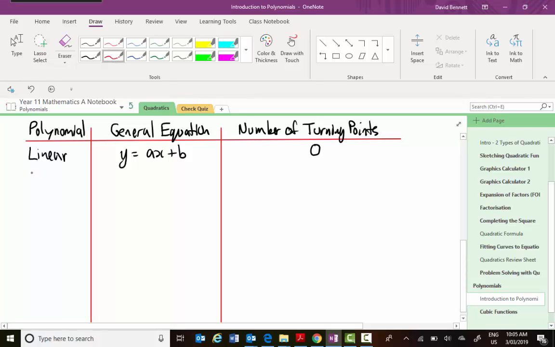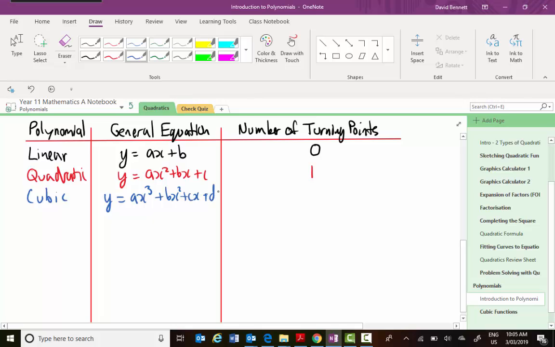The next one is a quadratic, in the form y equals ax squared plus bx plus c, and that has 1 turning point. The next one is a cubic, in the form y equals ax cubed plus bx squared plus cx plus d, and that will have 2 turning points.